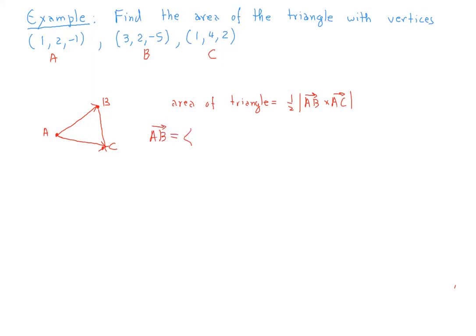I'm going to subtract the coordinates of A from the coordinates of B, so it's going to be (2, 0, -4). And the vector AC is going to be (0, 2, 3). So I would like to take the cross product of these two vectors.